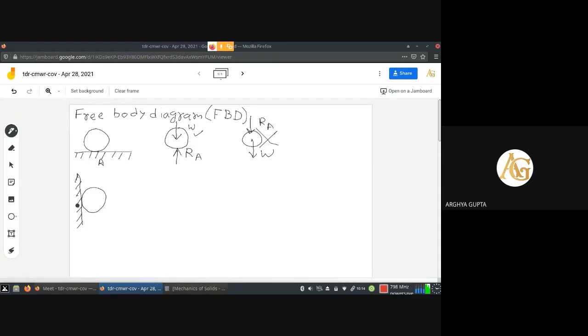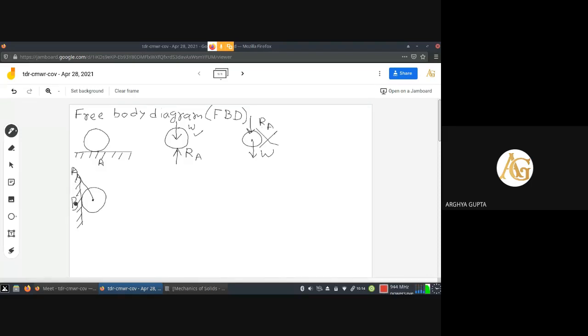Now the ball cannot remain on the vertical wall like that, so there has to be one support also, or a string, so that the ball will remain in that position. The string will be added. Let us consider this point as A, where the string is attached, and this point of contact between the ball and the vertical wall is B.